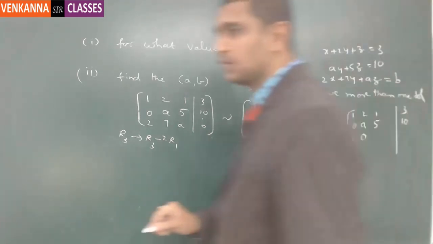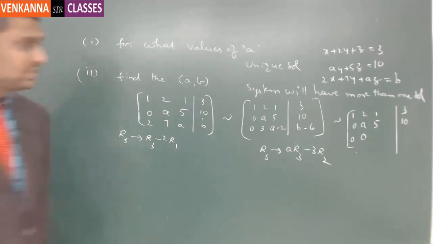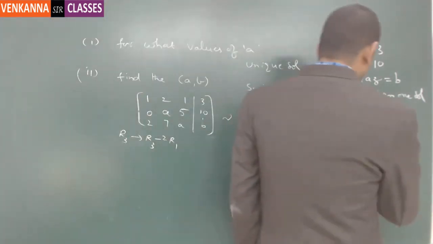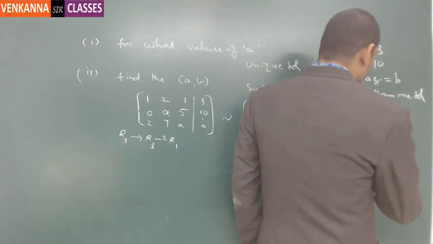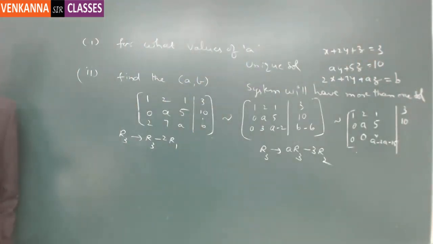Can you give me the values, what it will be? I will say it will be a square minus 2a minus 15, in the row aR3 minus 3R2.